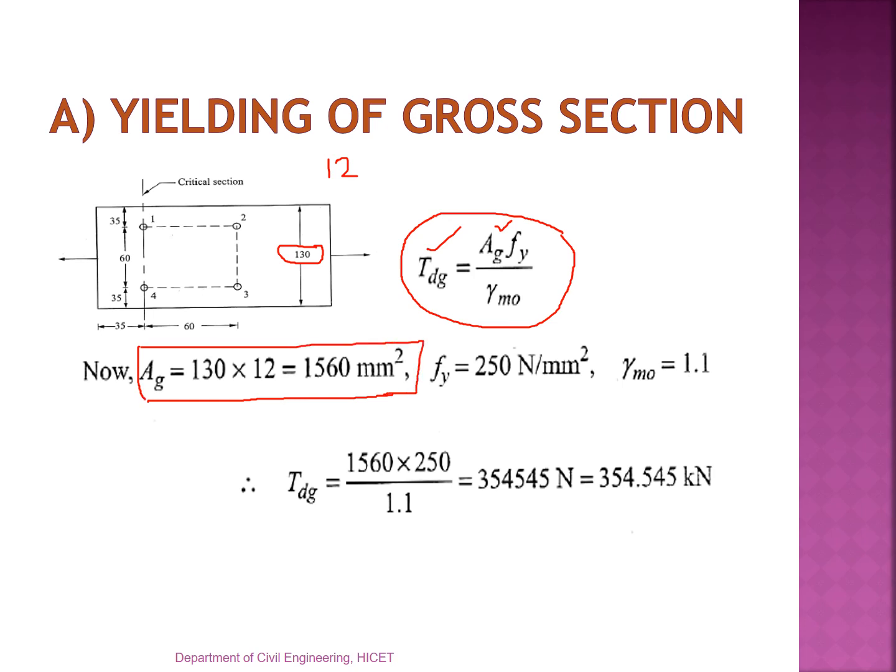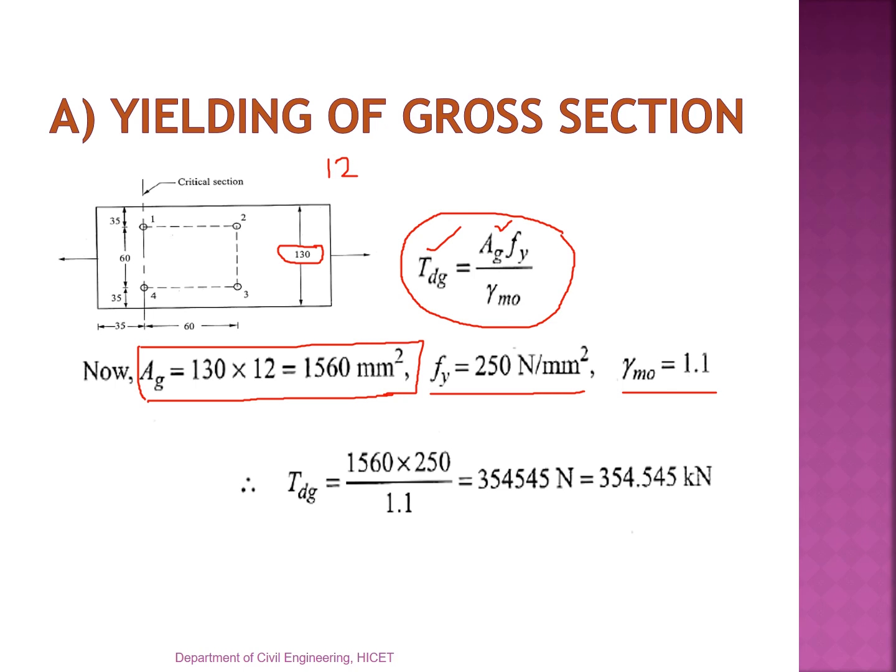So the total area, that is the gross sectional area, is equal to 130 into 12, equal to 1560 mm square. As per the grade of steel, Fy is equal to 250 Newton per mm square. Then the partial safety factor gamma m0 is equal to 1.1 as per table 5 of IS 800-2007.